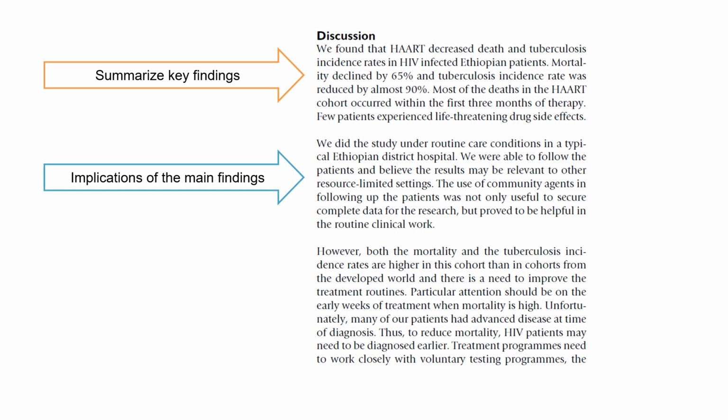And then we have written the implications of these main findings. We are talking about the nature of the study, that we did this study under routine conditions. We did this study in a typical district hospital in Ethiopia. And so we are now giving some interpretation of what these results really mean.